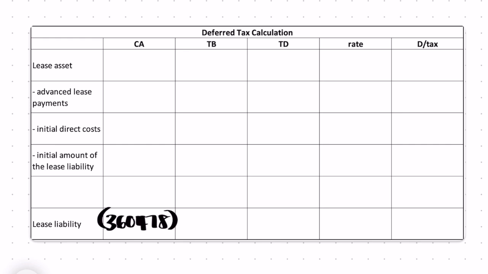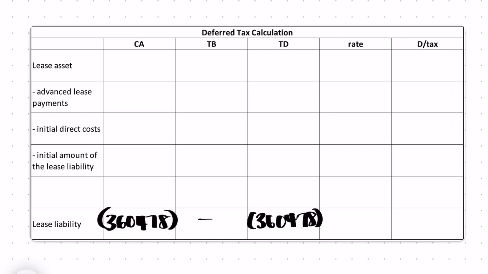So for a liability, the tax base is carrying amount minus future deductions. That means that there is a zero tax base. That would then give us a deductible temporary difference of 360,000.